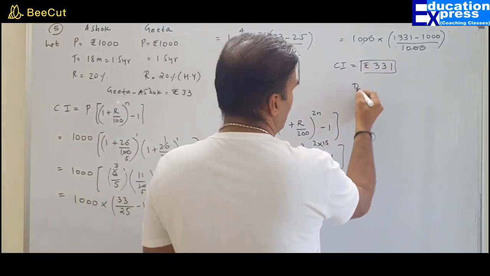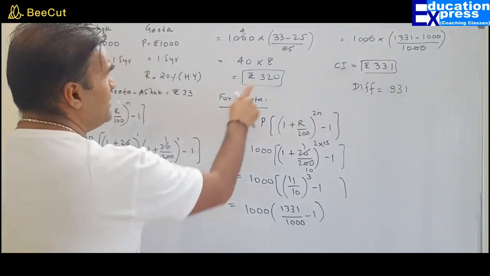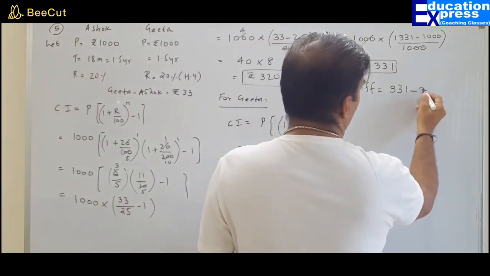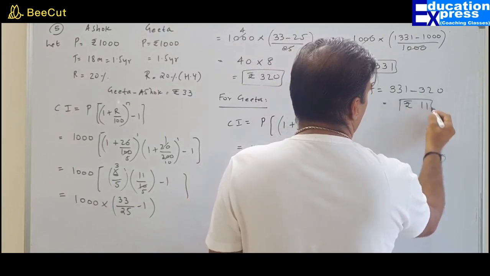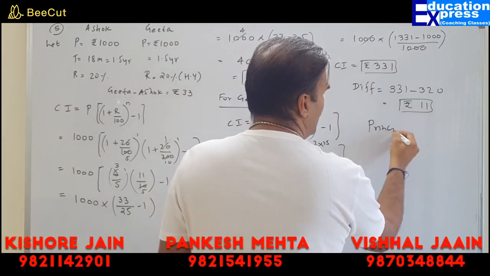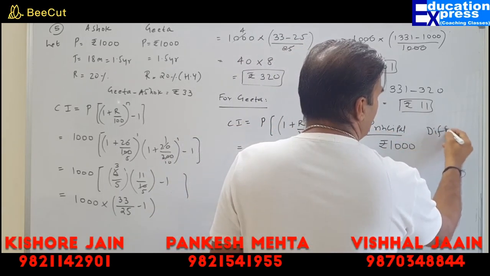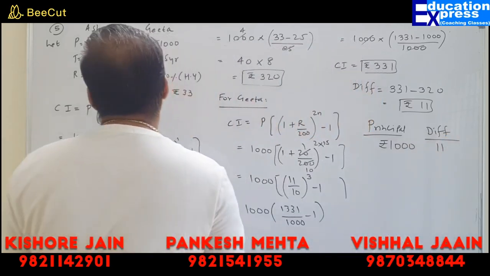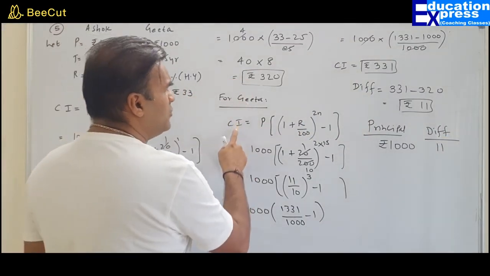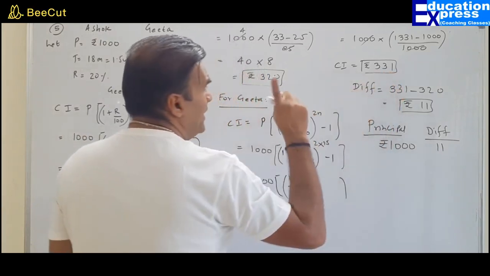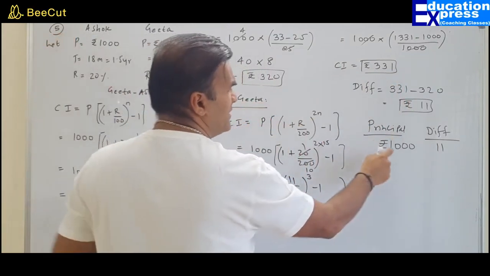So what is the difference? Difference will be 331, what Geeta got, minus what about Ashok? 320. So the difference comes out to be rupees 11. Now you can apply the unitary method. When principal is rupees 1000, difference is 11 rupees. You can check it out. On 1000 rupees, Ashok gets 320, whereas on the same 1000 rupees, Geeta gets 331. Geeta gets 11 rupees more as compared to Ashok when the principal is 1000.